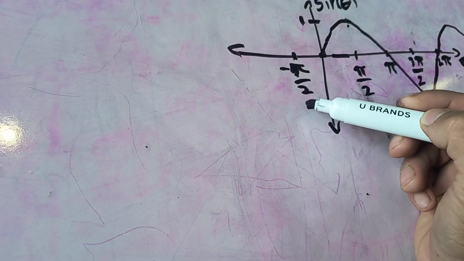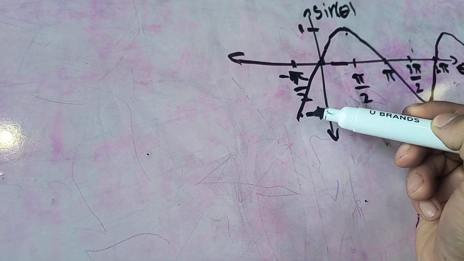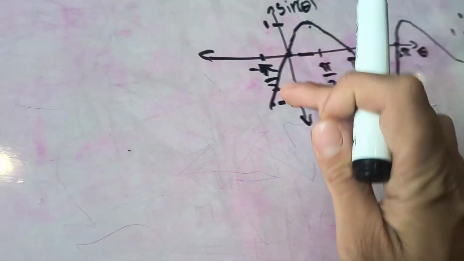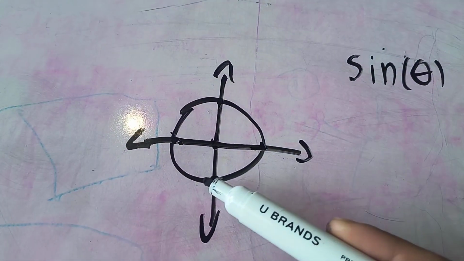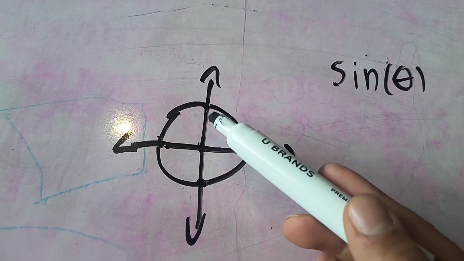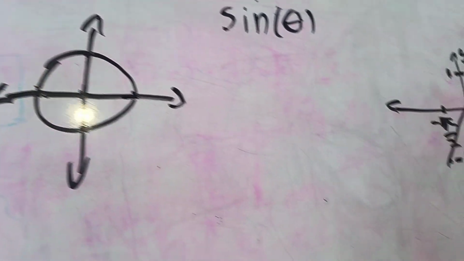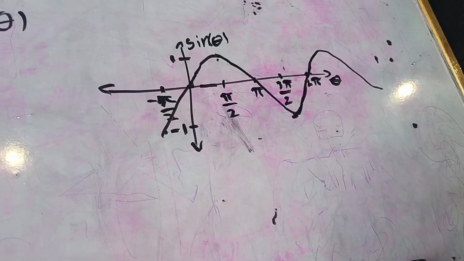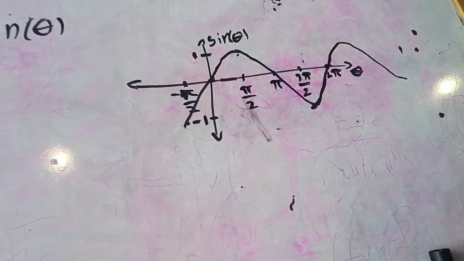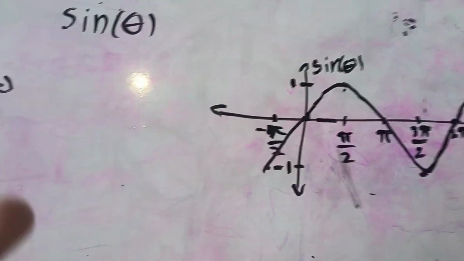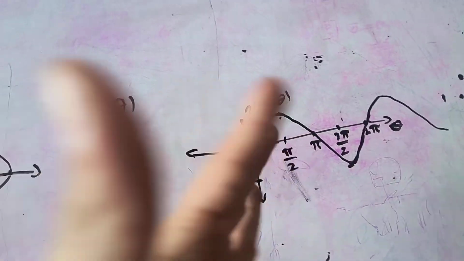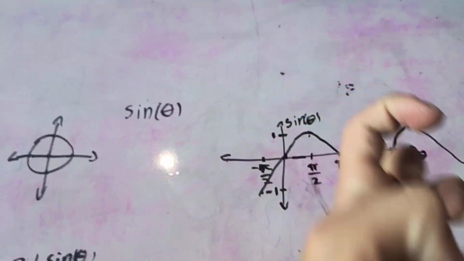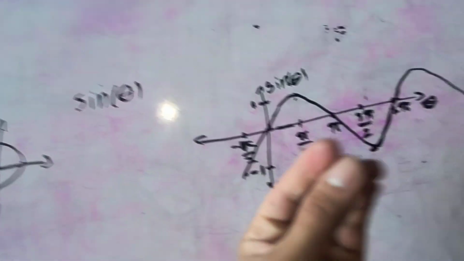You get a negative 1 because that's right here. Since positive pi over 2 is right here, this would be negative pi over 2. And yeah, so we get this wave. This is how trigonometry goes from triangles to waves. This is the way it happens.